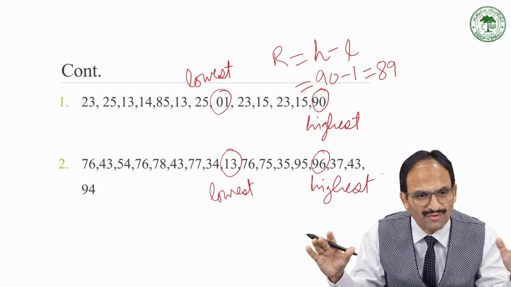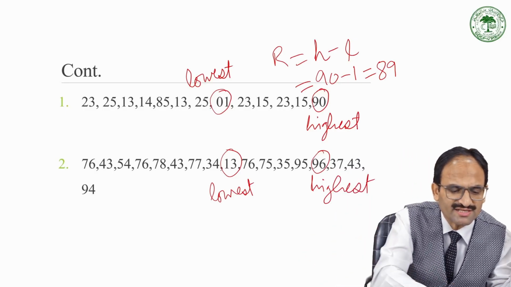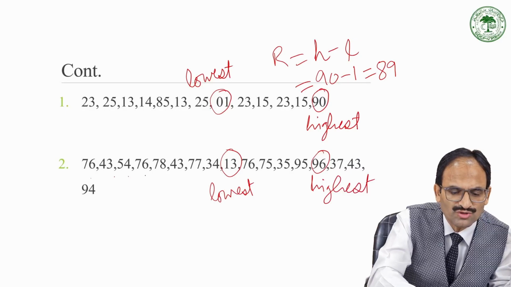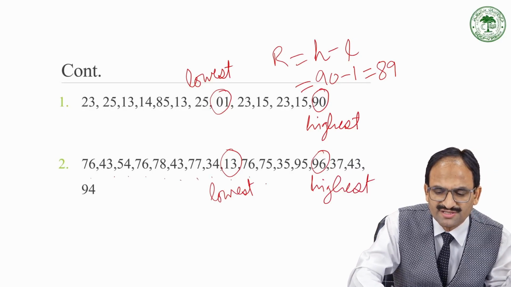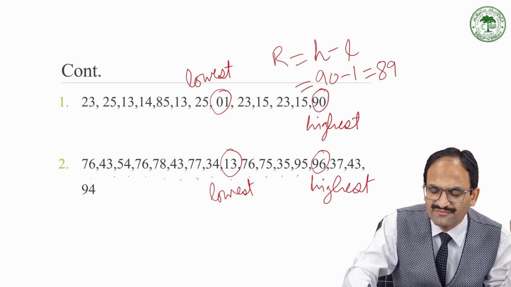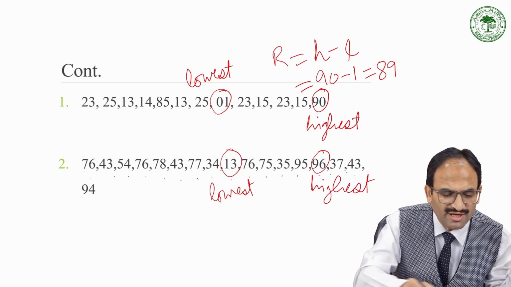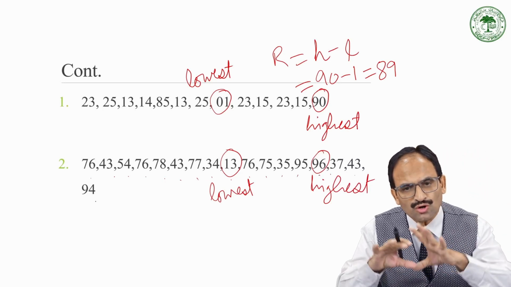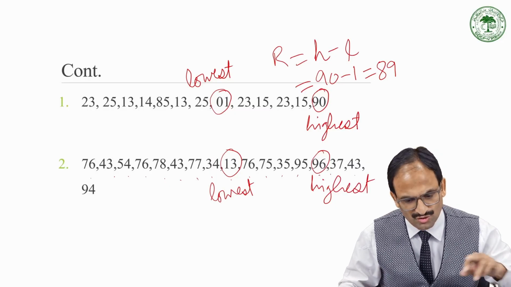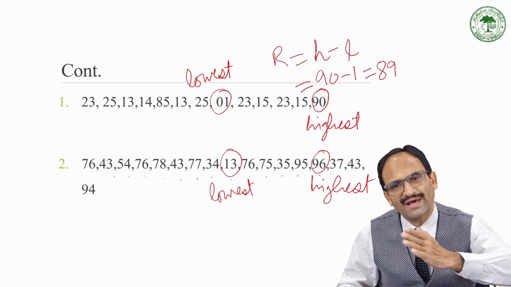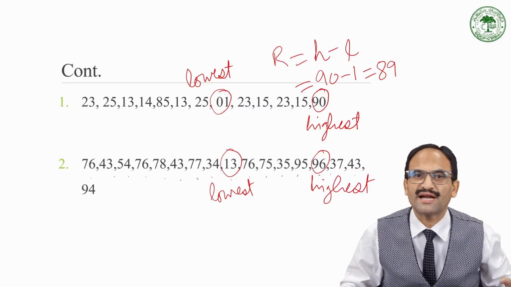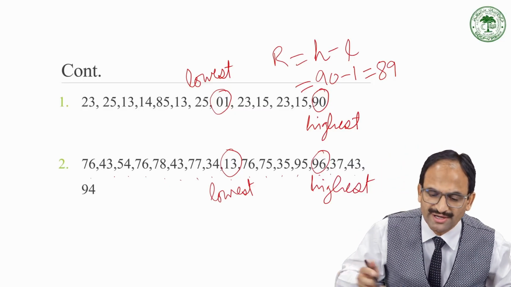So, check it once more: 76, 43, 54, 76, 78, 43, 77, 34, 13, 76, 75, 35, 95, 96, 37, 43 and 94. By going through this data, you have located 13 as the lowest number, whereas the highest number is 96. You wanted to calculate range.